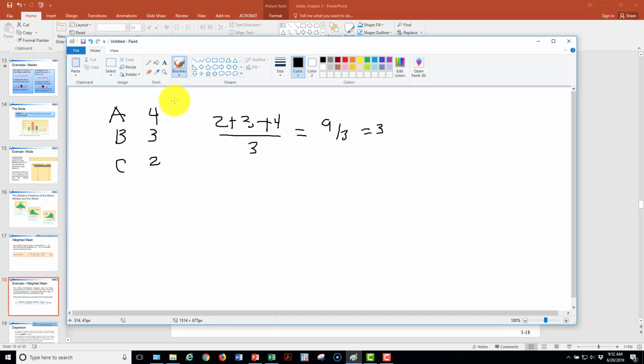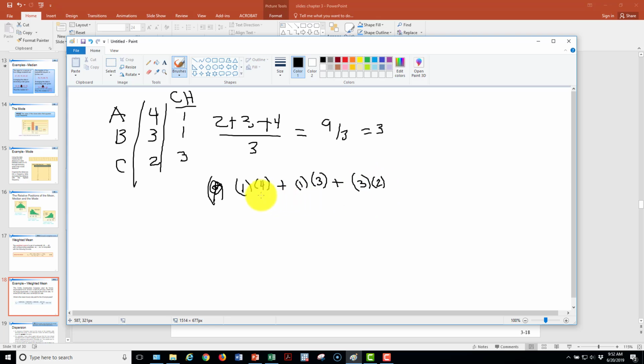However, this depends on the credit hours. If, for example, the first course is 1 credit hour, the second is 1 credit hour, and the third is 3 credit hours, then your GPA is actually the weights times the values of each letter grade divided by the summation of the weights. So it'll be 1 times 4, that is the first course, plus 1 times 3, plus 3 times 2.